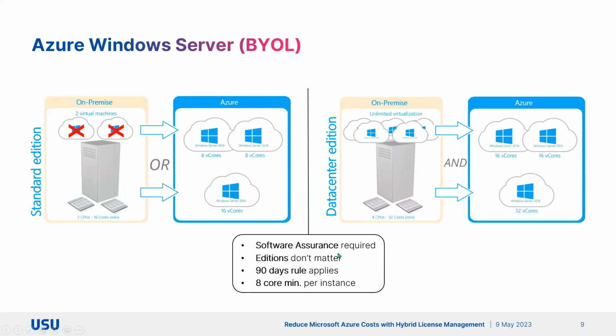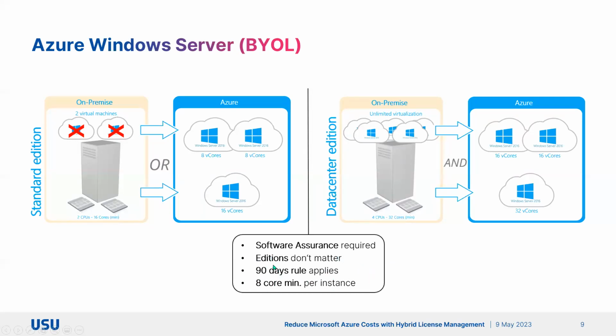The editions don't matter. Believe it or not, it doesn't matter if you install data center or standard in the cloud, and if you use the one or the other license, editions simply don't matter. So of course, standard licenses are much cheaper.